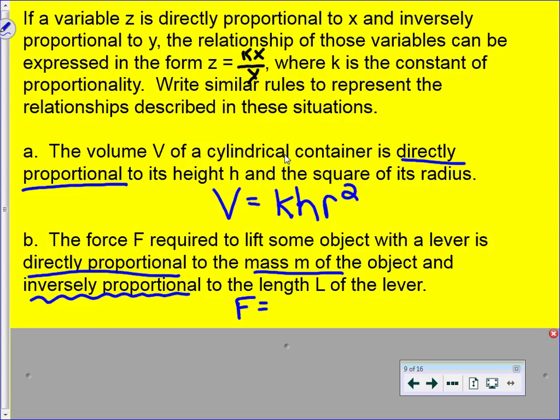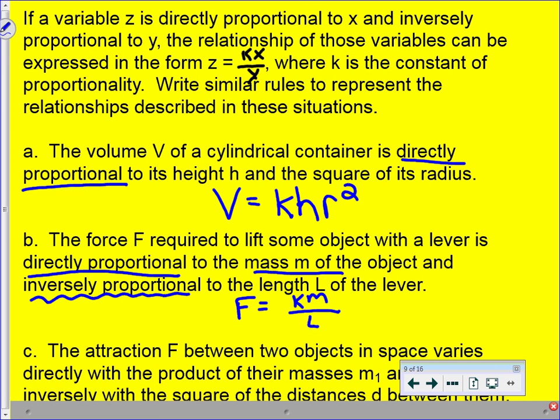And it says directly proportional to the mass. Well, what's directly proportional to the mass? The constant. So we have our K times M. The inversely proportional part comes next because we have a fraction, and if we're inversely proportional to the length, that means the L has to be fully in your denominator.